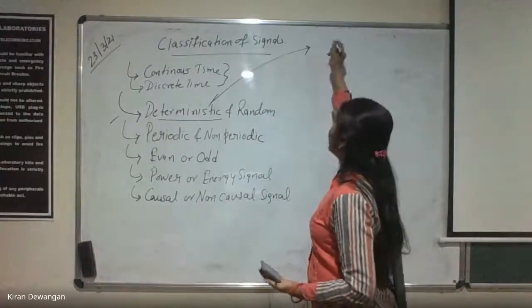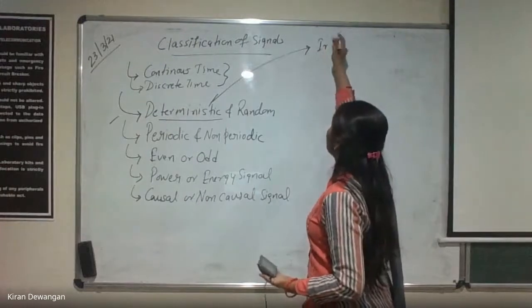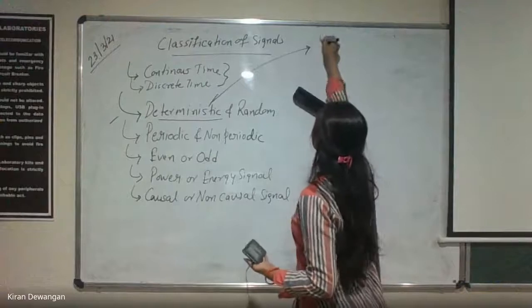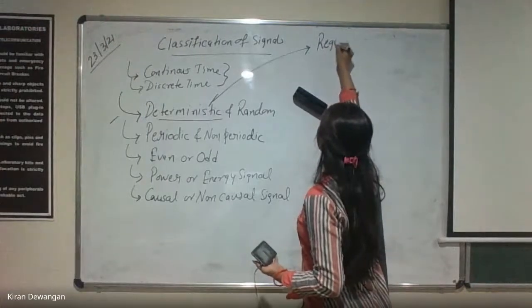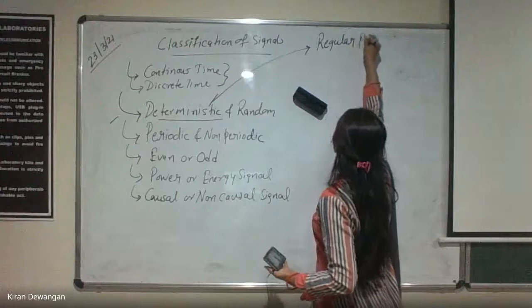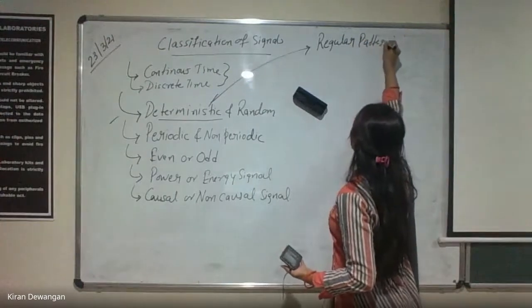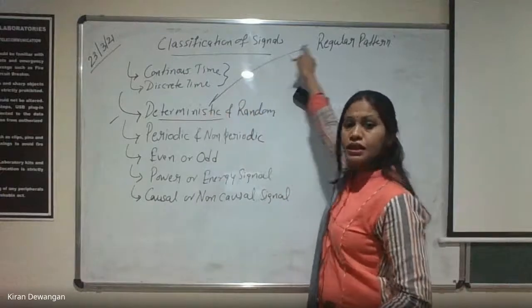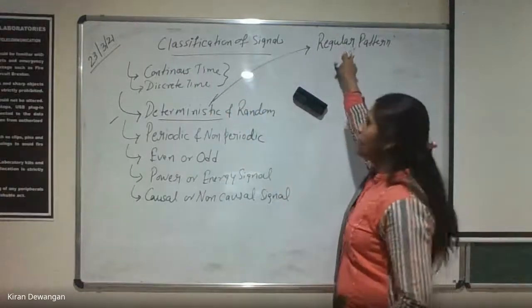Now it has regular pattern. That is the important point about deterministic signal, that the pattern is a regular pattern.